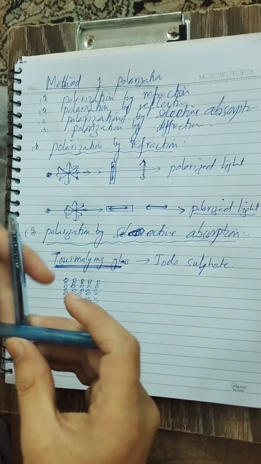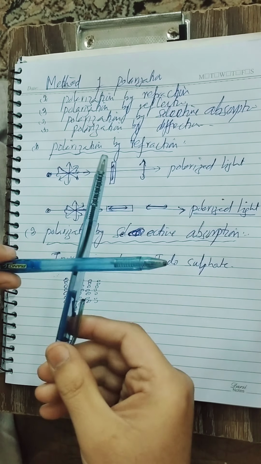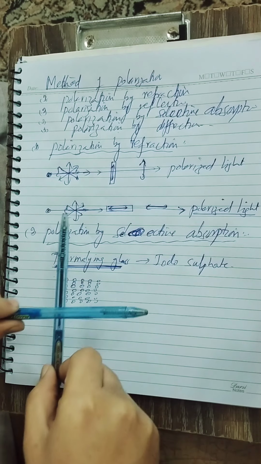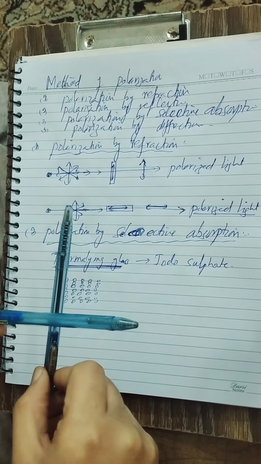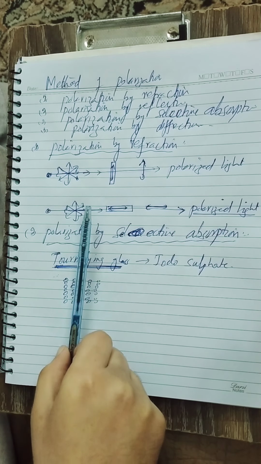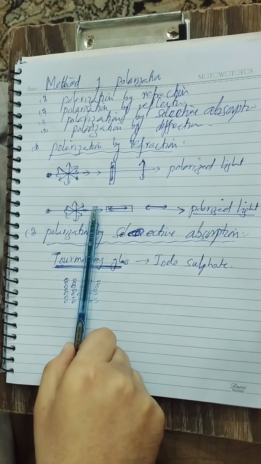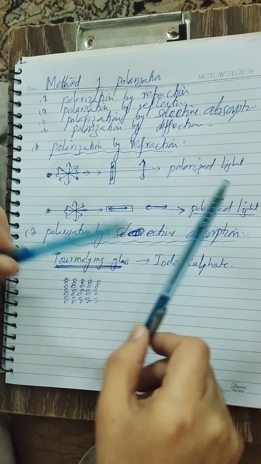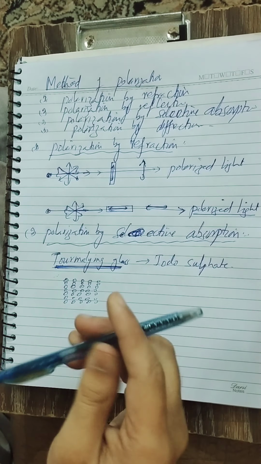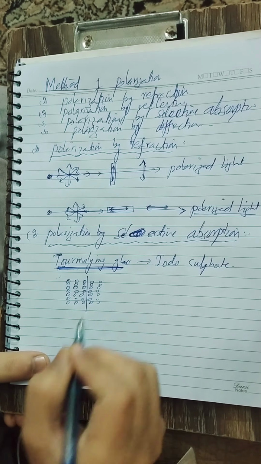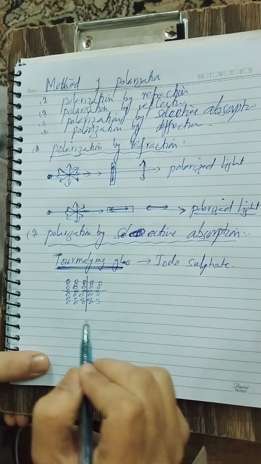So when these two vibrations fall on the tourmaline glass, you will observe that the vertical vibration passes through the tourmaline glass, while the horizontal vibration will be blocked by it. So the vertical vibration will pass while the horizontal vibration gets absorbed.